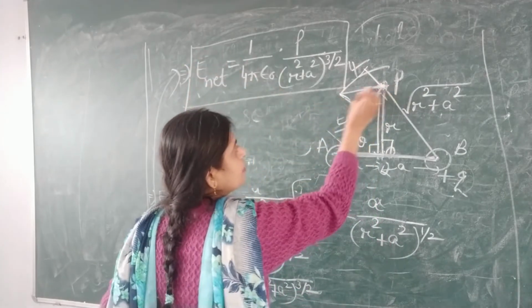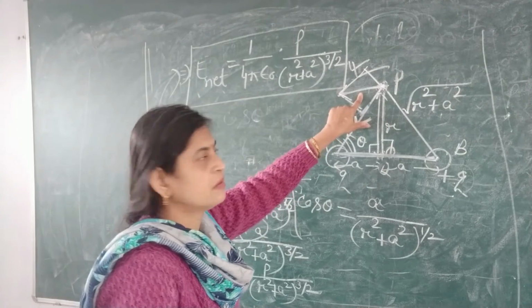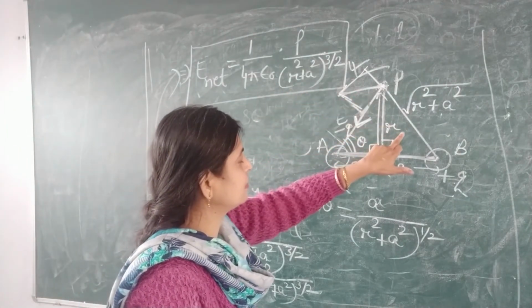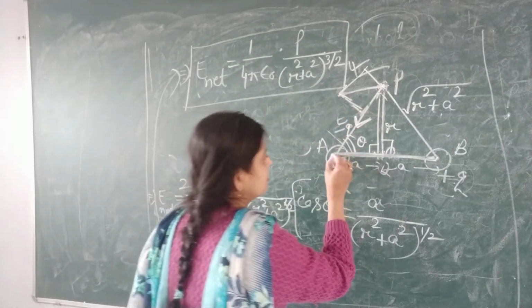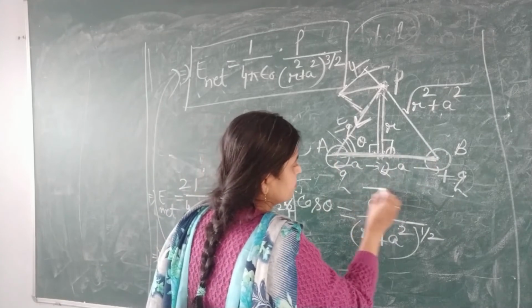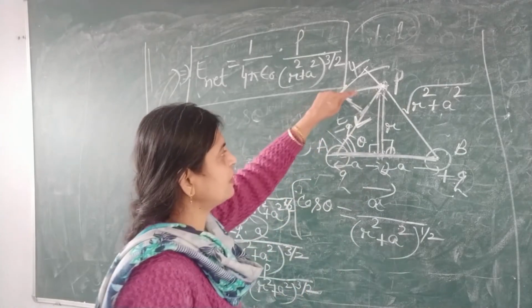Here, mark the direction of the resultant electric field. It will be along this direction. What will be the direction of the resultant electric field due to the dipole on its equatorial line? The direction of the dipole moment is from negative to positive along this direction, but the direction of the electric field will be like this.